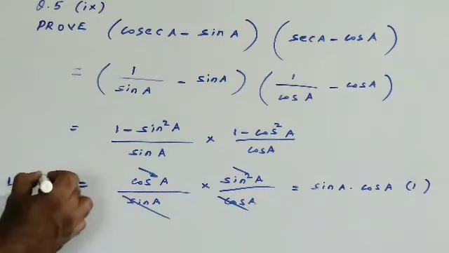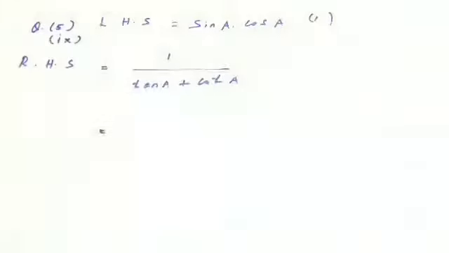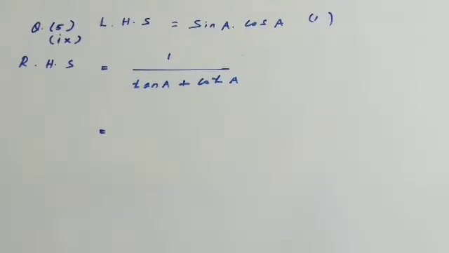This is LHS. LHS answer is sin A into cos A. Now we can solve RHS. RHS equal to 1 by tan A plus cot A.